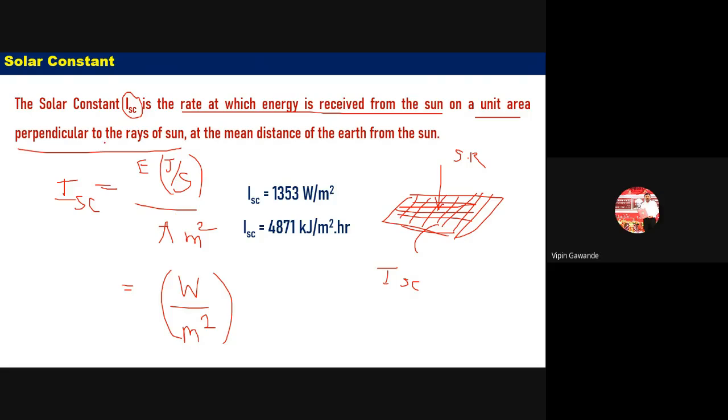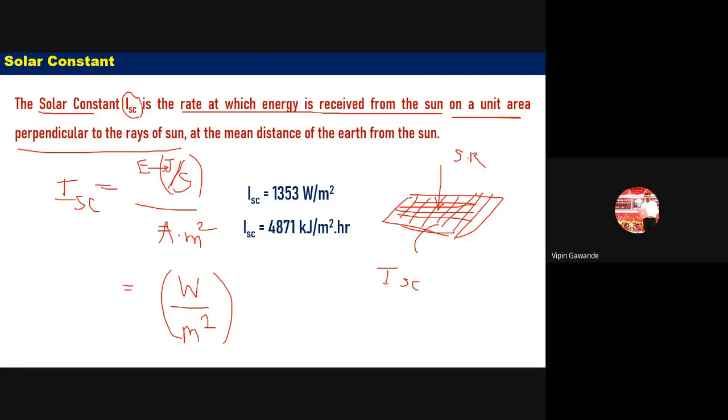Yes, sir. So the solar constant. Now we are discussing the solar constant. It is defined as the rate at which the energy is received from the sun. Energy is in joule and rate is per second, so it is joule per second, which is watt, and it is received on an area perpendicular to the rays of the sun.